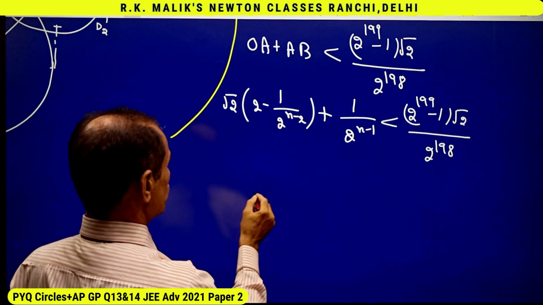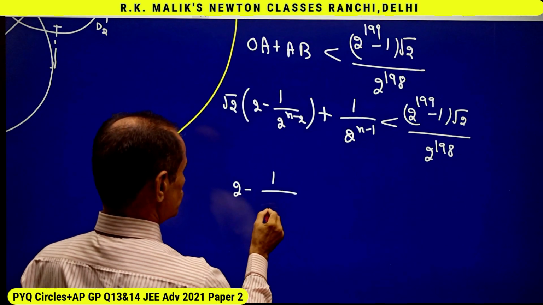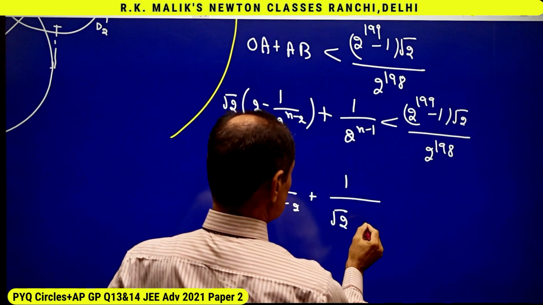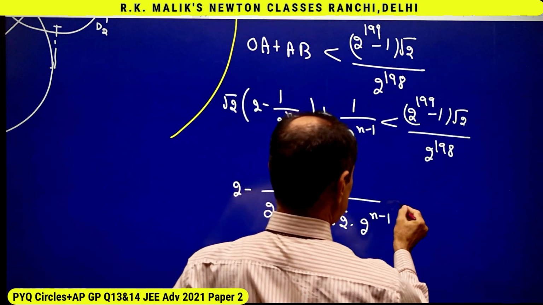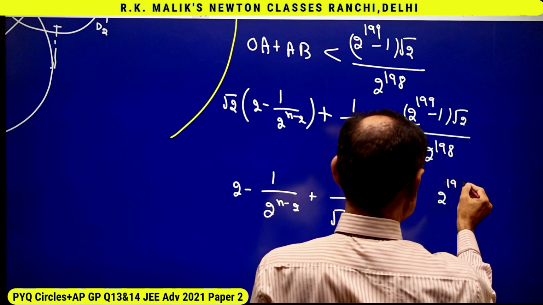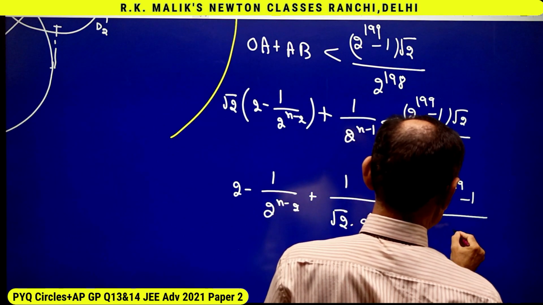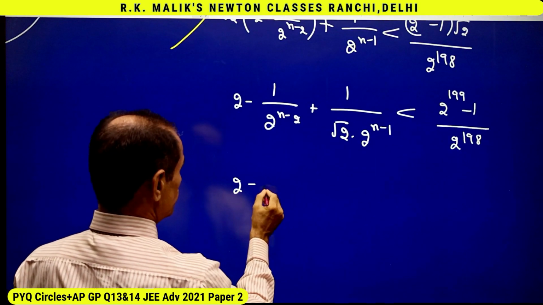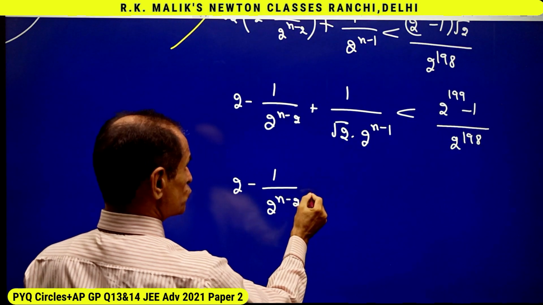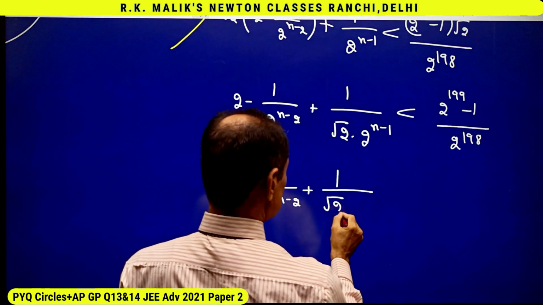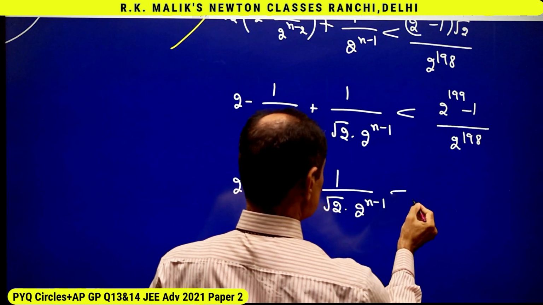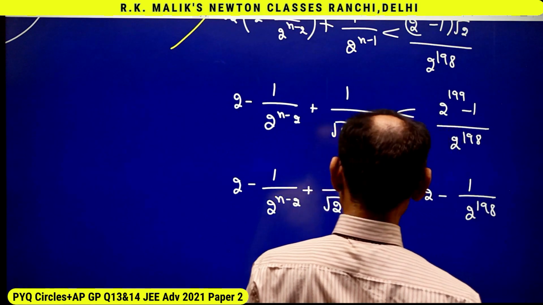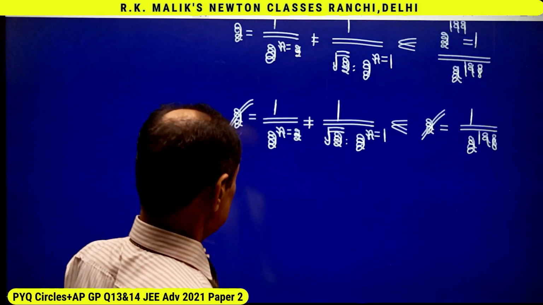And dividing by root 2, I get 2 minus 1 by 2 to the power n minus 2 plus 1 by root 2 into 2 to the power n minus 1 less than 2 to the power 199 minus 1 upon 2 to the power 198. That is, I get 2 minus 1 by 2 to the power n minus 2 plus 1 by root 2 into 2 to the power n minus 1 is less than 2 minus 1 by 2 to the power 198. This 2 will get cancelled.